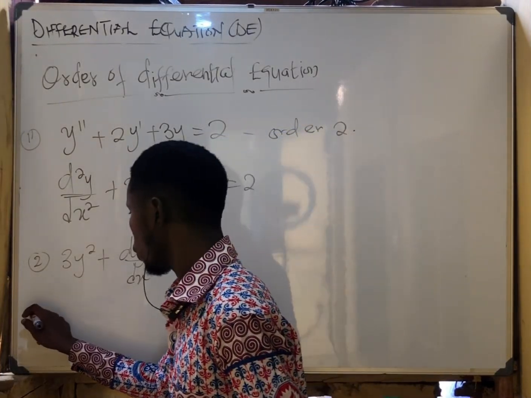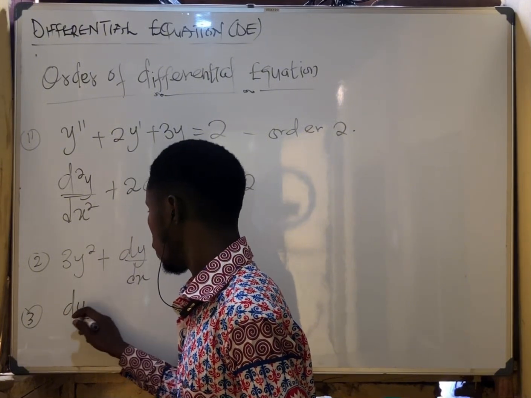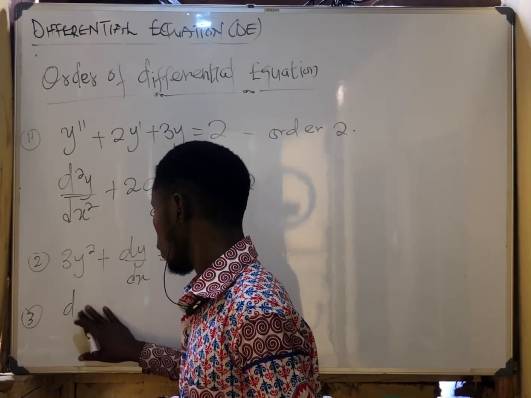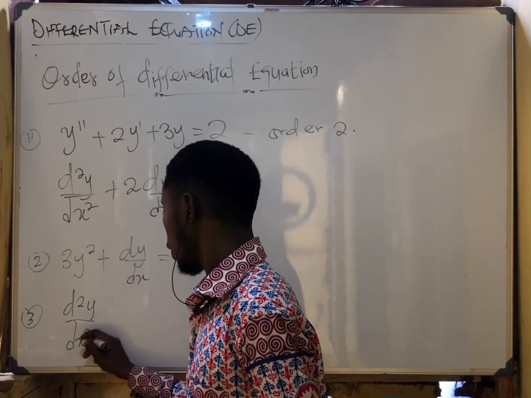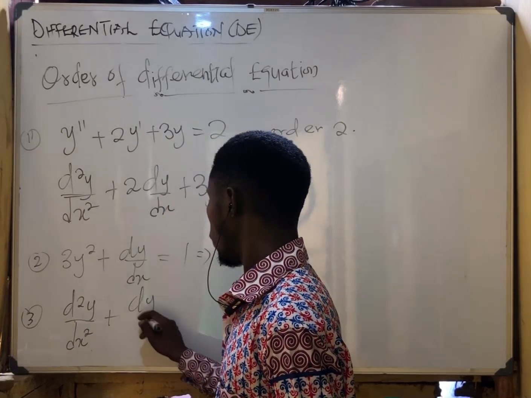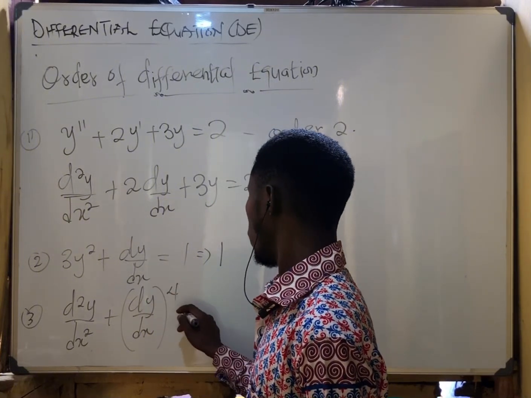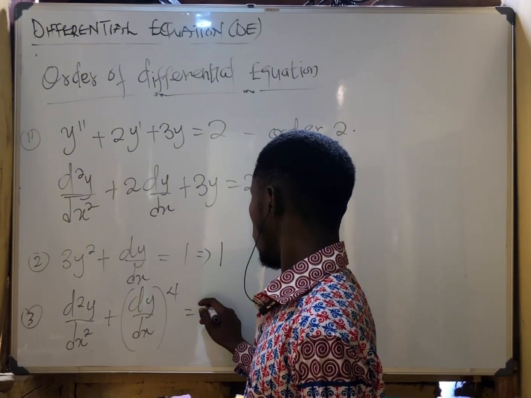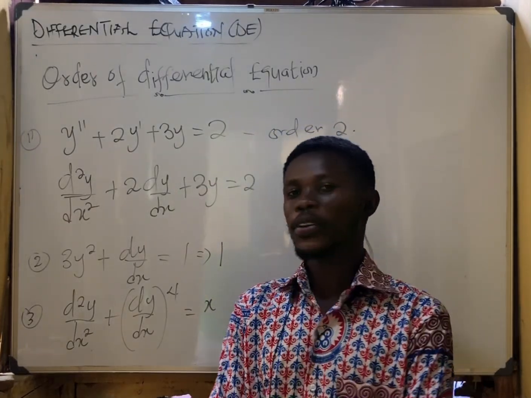Now, last example. I have d squared y/dx squared plus (dy/dx) all to the power 4 equals x. Is that okay? So now looking at this one, can you guess the order?